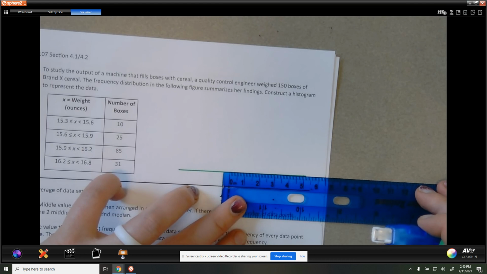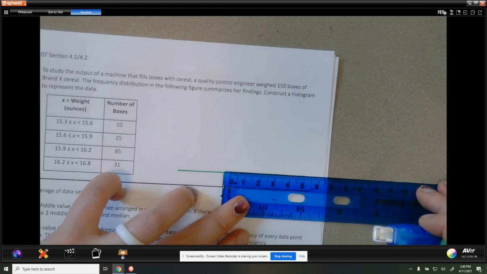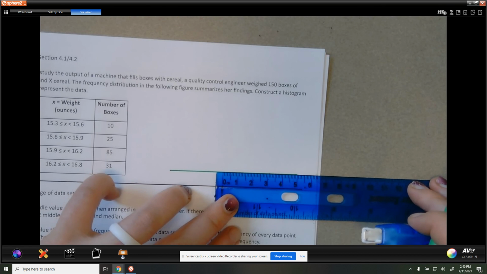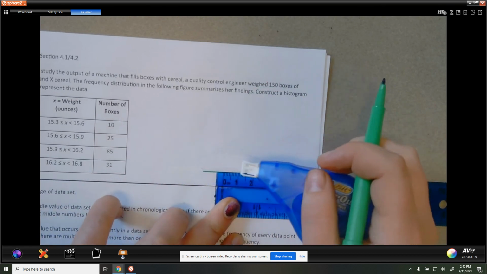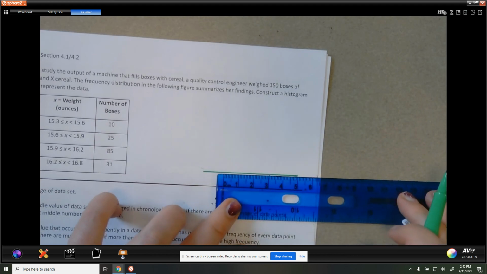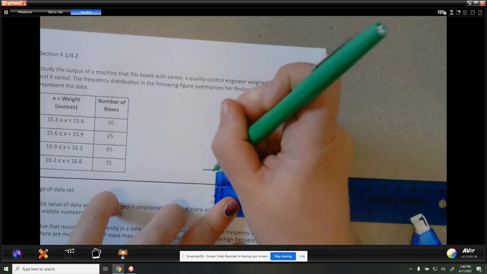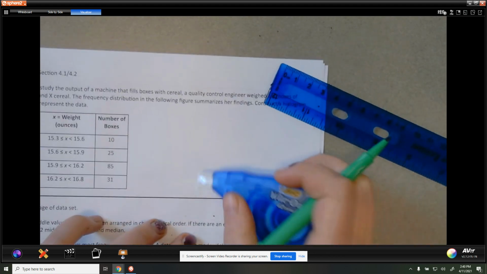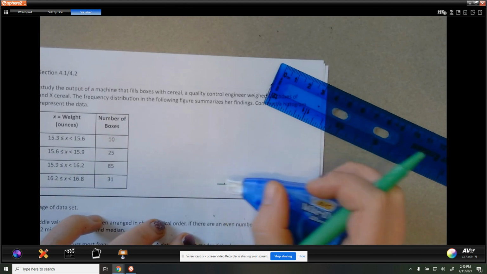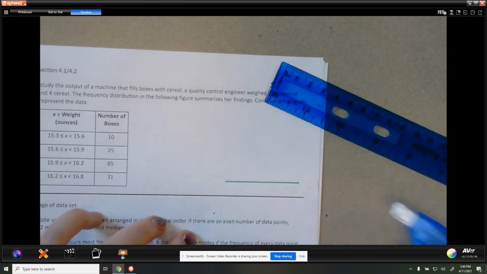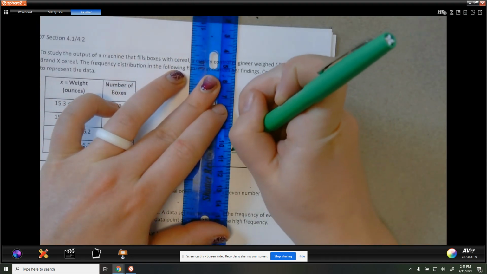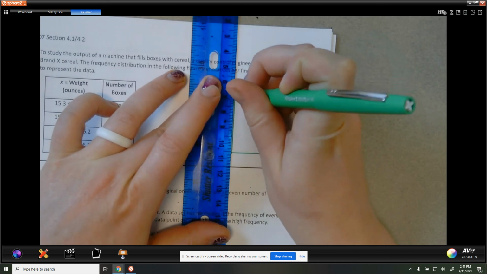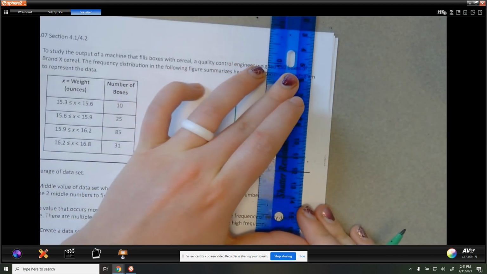I don't want to be on this in here. I guess I could. Here we go. And go straight up here.